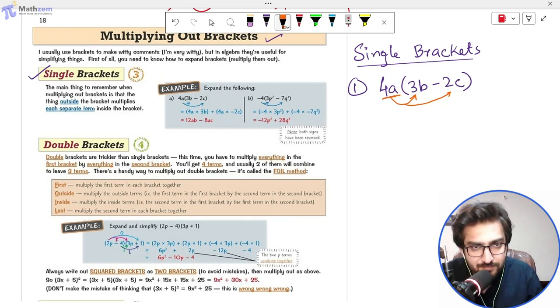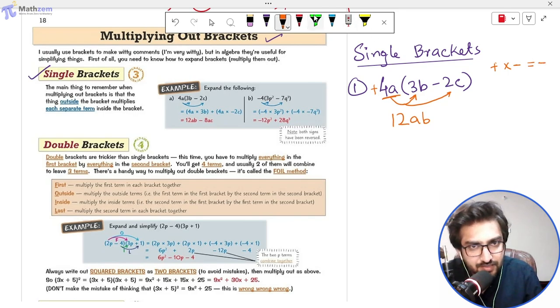So let's multiply. So 4 times 3 is 12, and a and b, so write ab there, and then plus times minus, which I explained last time. Plus times minus is equal to minus, right?